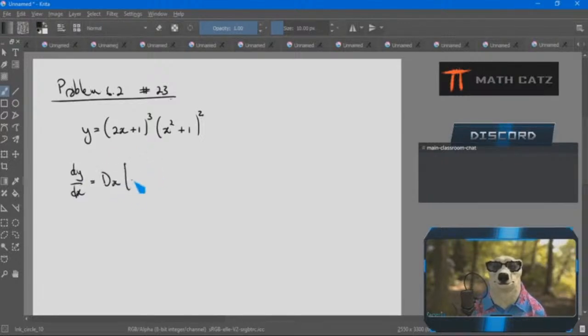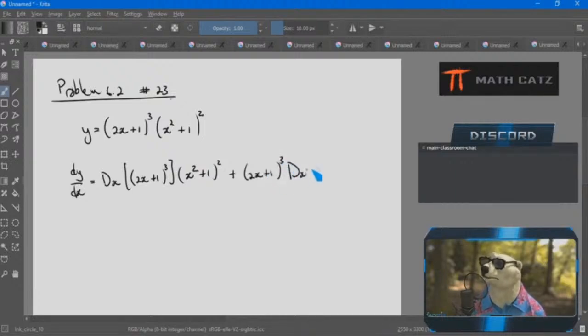Derivative of the first, and again, I'm not ready for this derivative maybe, I just want to write down what I still need to do, times the second plus the first times the derivative of the second. I'm not ready for it. I'll look at it later and think what needs to be done. Okay?